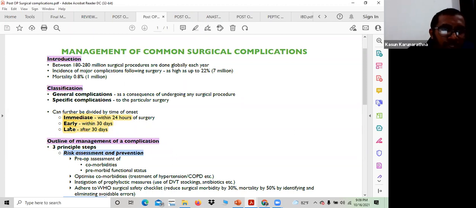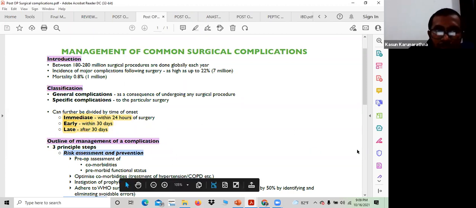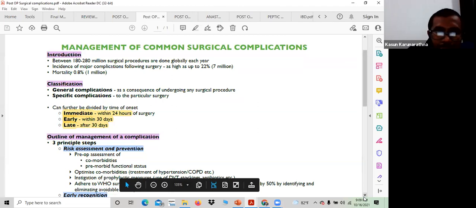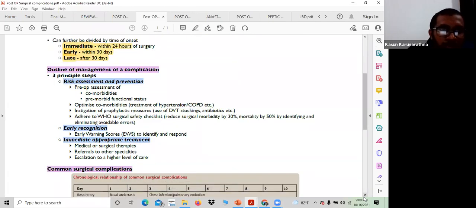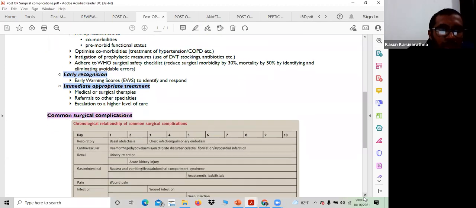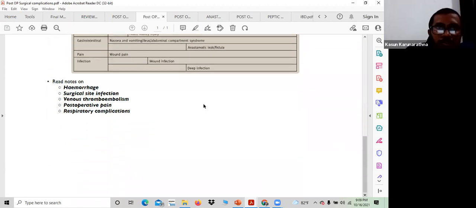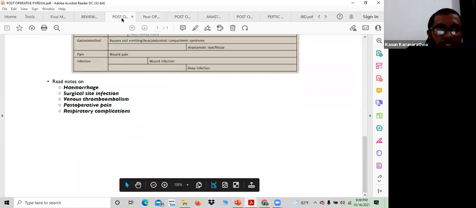Late complications arise after 30 days. The principles of management of complications: risk assessment and try to prevent, and if it arises, early recognition and immediate management. That's regarding post-op complications.